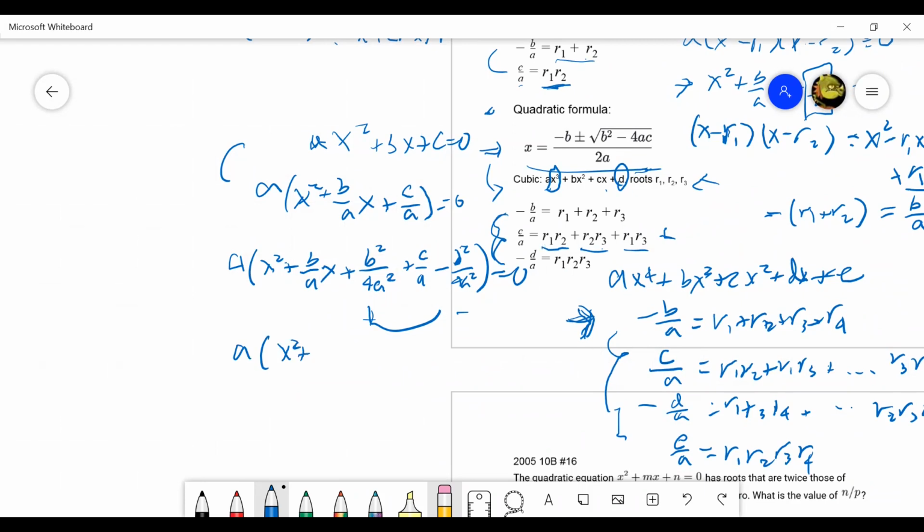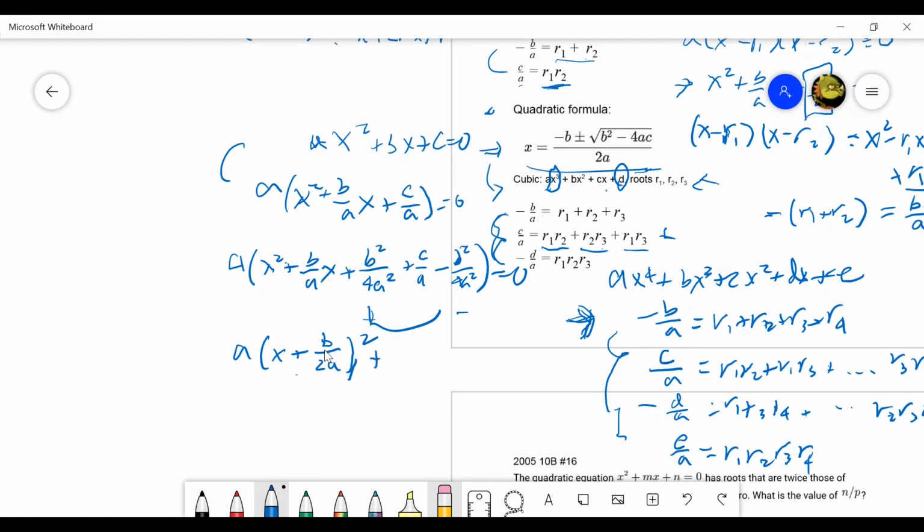And then we can simplify this. So now that it's in the form of a perfect square polynomial, we can change x squared plus b over a x plus b squared over 4a squared into simply x plus b over 2a, squared. And then we still have a c over a and a negative b squared over 4a squared left.